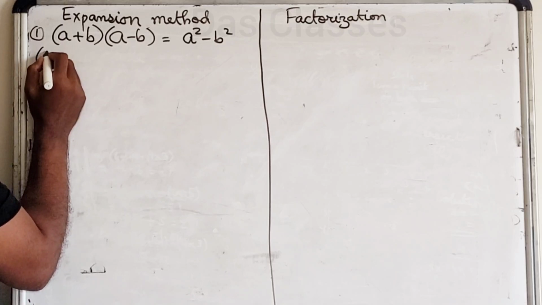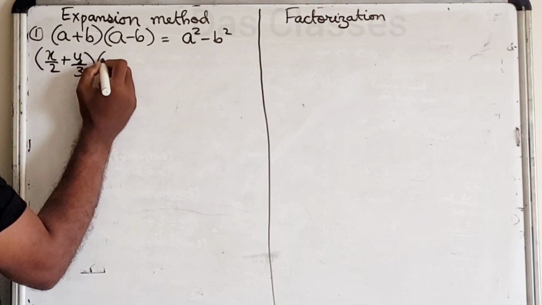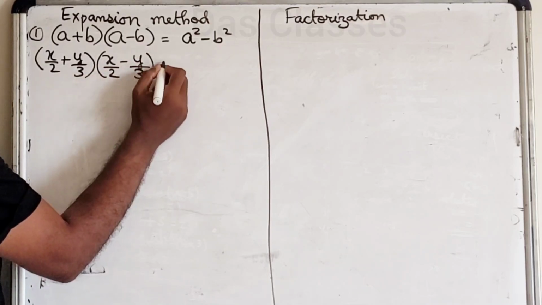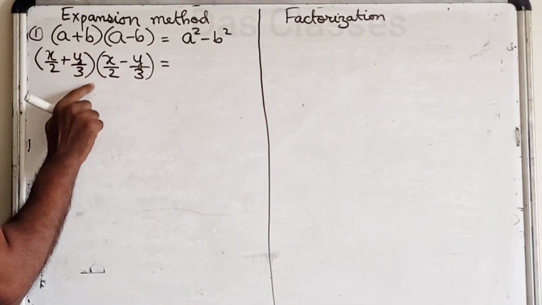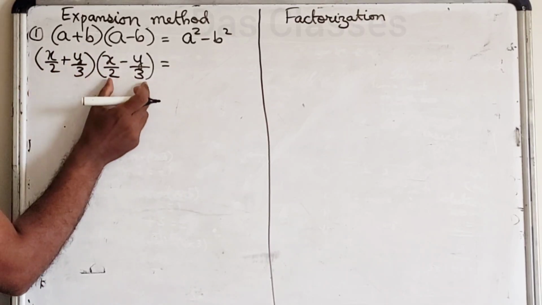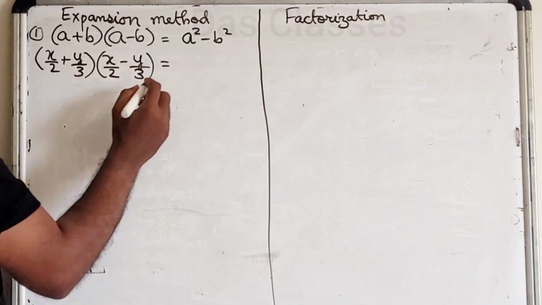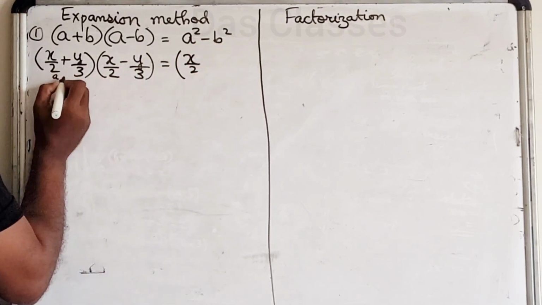Suppose I give you something like this: (x upon 2 plus y upon 3)(x upon 2 minus y upon 3). Now as you can see, this is in the form of (a plus b)(a minus b). Both are the same terms, only once there's a plus and once there's a minus. So the expansion is going to be a square minus b square, where this is the a and this is the b.